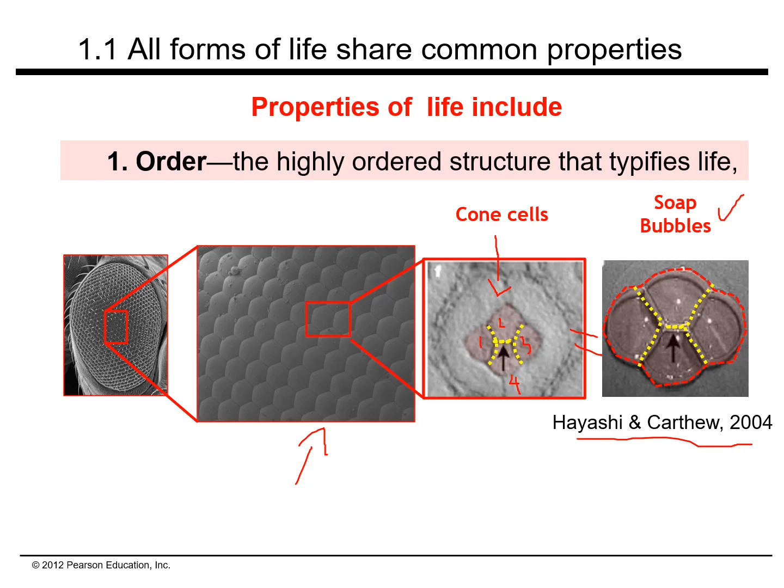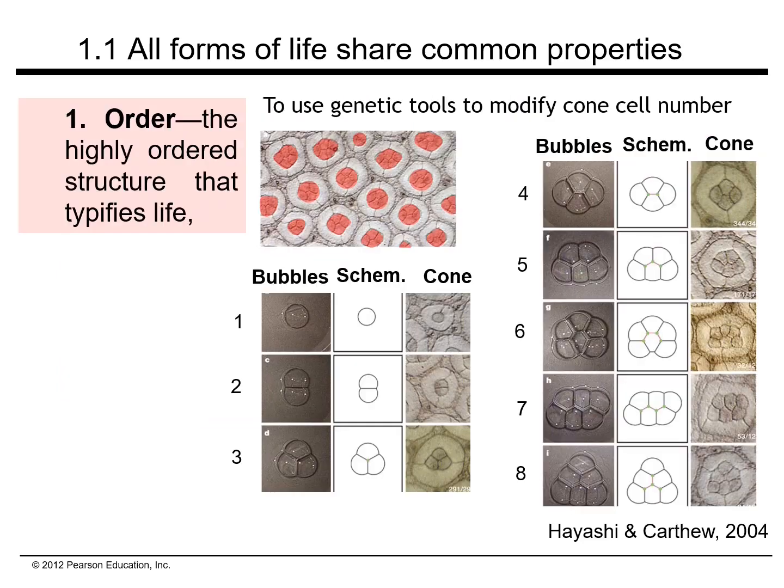Okay, so let me show you how they did it. They used genetic tools. They used mutations to modify the number of cone cells.